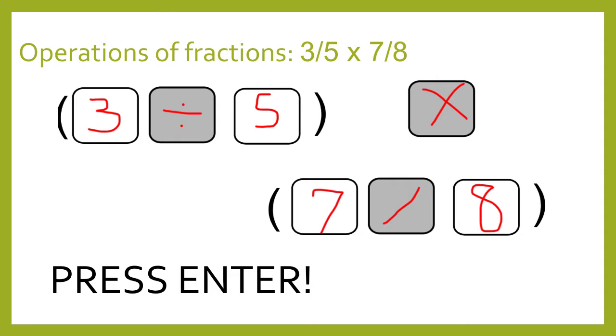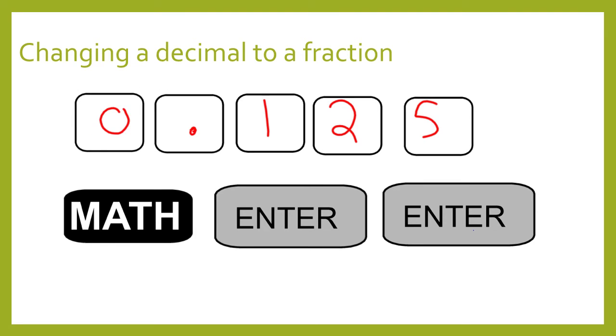If you notice, when we did fractions, it automatically puts it in decimals. Sometimes we might want to change those decimals to a fraction. So let's enter in a different decimal. Let's enter in 0.125. Then find the black key that says math. Then press your enter button twice. Enter. Enter.